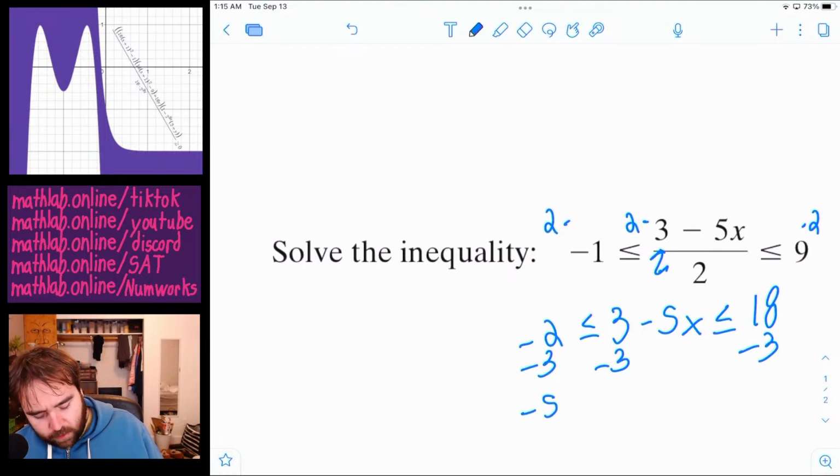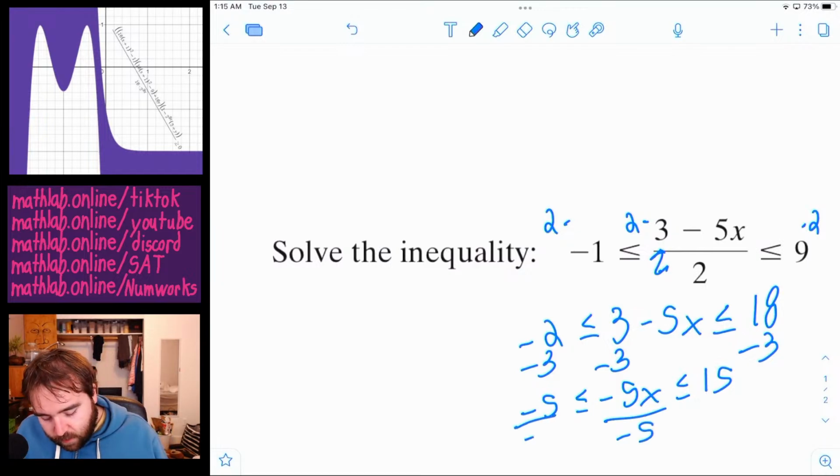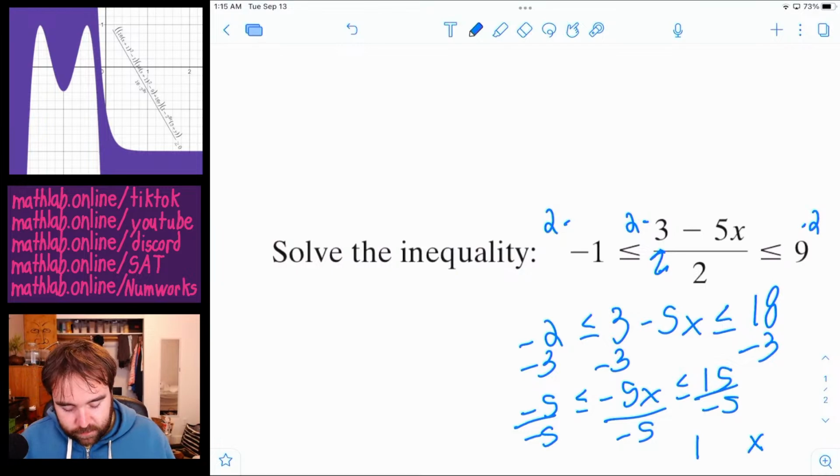So we got that negative 5x is in between negative 5 and 15. And then what's the last thing? We got to divide by a negative 5. But you got to remember what happens when you divide by a negative. Because look what we got. We got 1, and then x, and then negative 3.